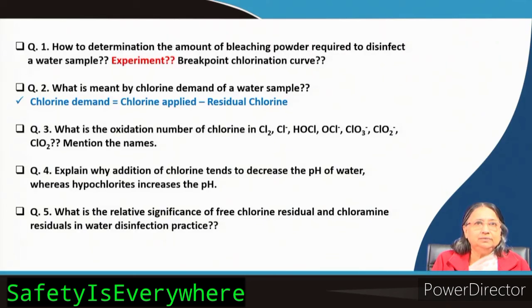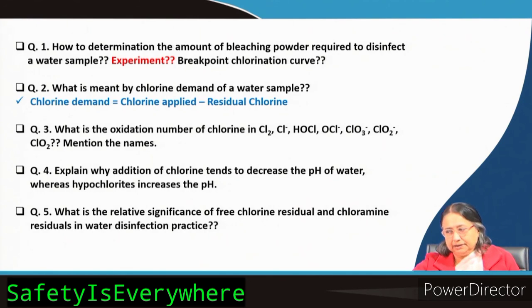What is the relative significance of free chlorine residual and chloramine residual in water disinfection practice? I told you that during transport the combined chlorine residual is very important, isn't it? That is the chloramine residual, and free chlorine residual, although it is a better disinfectant, is dissipated fast.